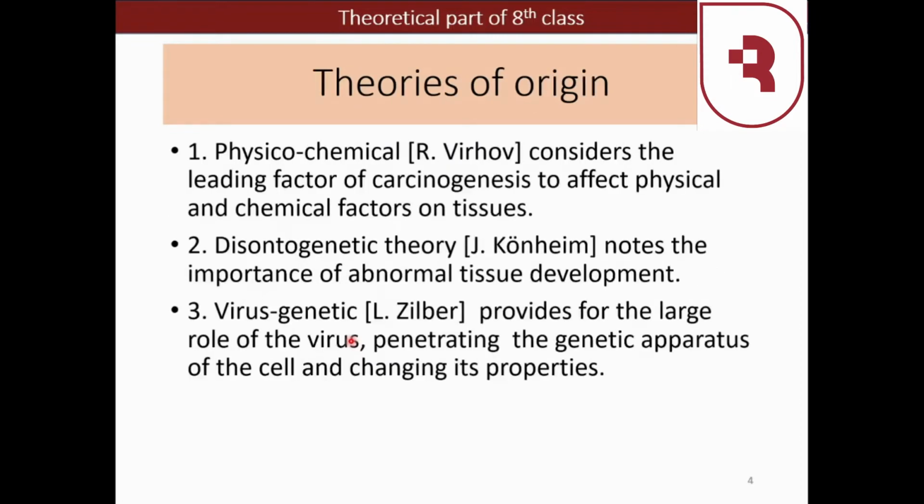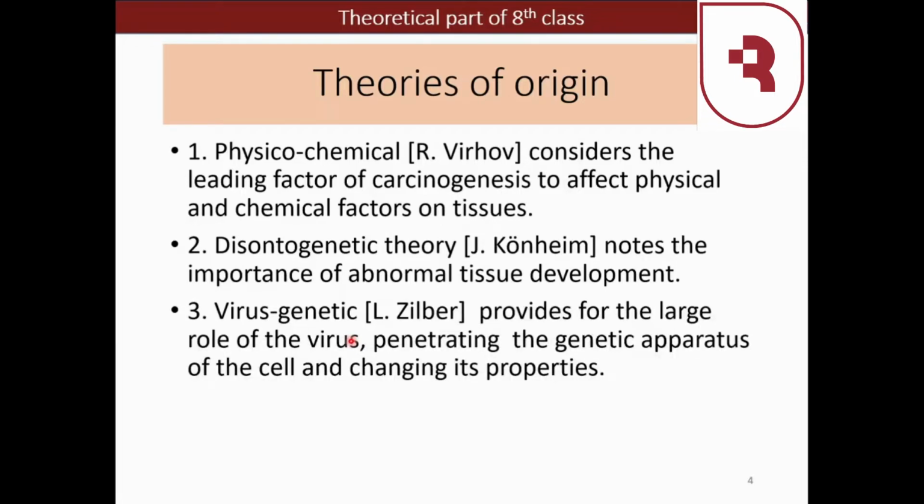There are some theories of the origin of tumors. All of them you may see on the slide. The first was proposed by Virchow, and it was the physico-chemical theory. In a few words, this theory says that tumors may develop as a result of alteration of tissues by chemical and physical factors.